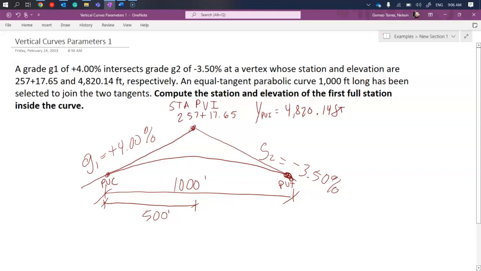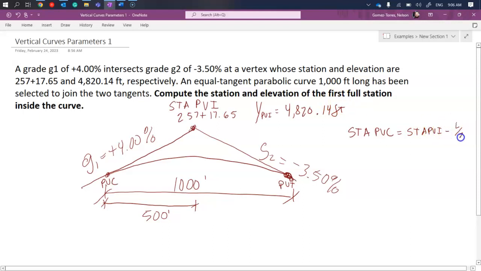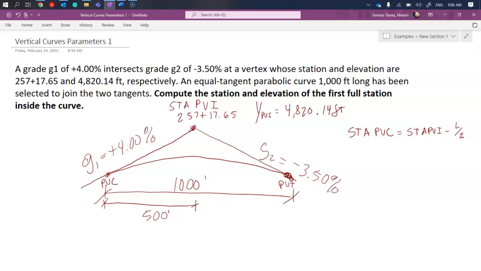Now, the question they're asking us is for us to compute the station and elevation of the first full station. To do that, the first step will be to find the station of the PVC. So the station of the PVC, using the formula that is not really a formula, is the station of PVI minus half the length of the curve, because this is an equal tangent parabolic curve.